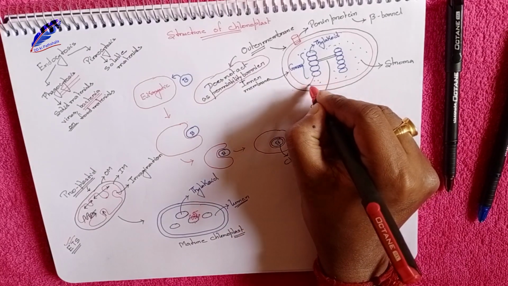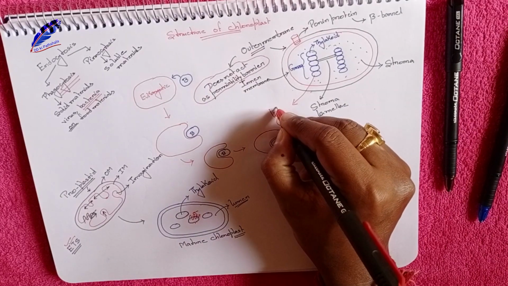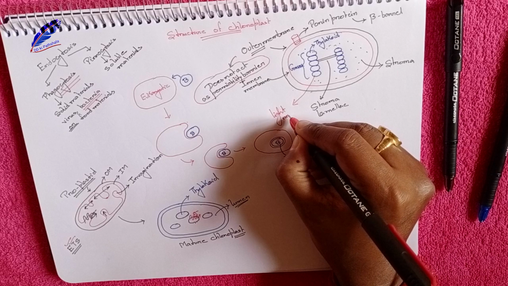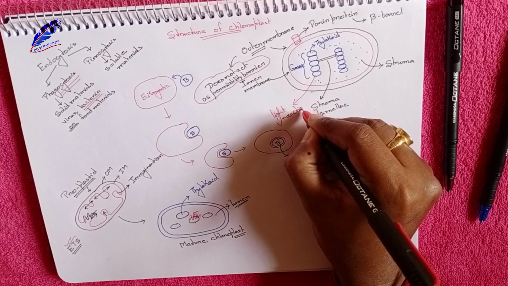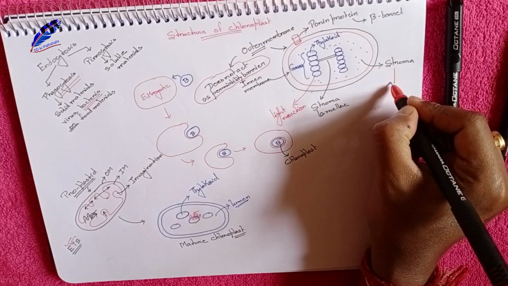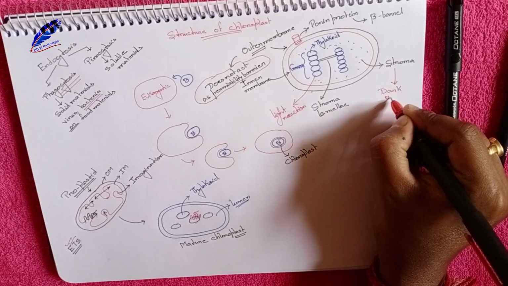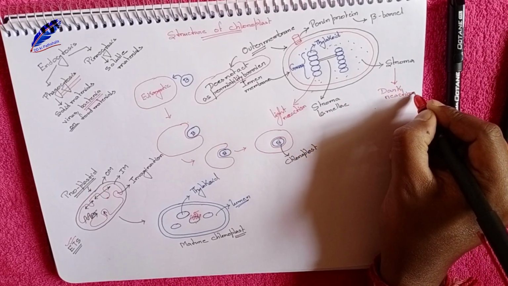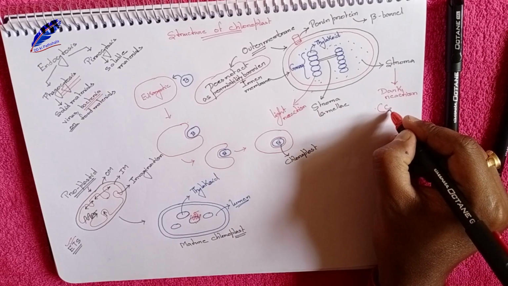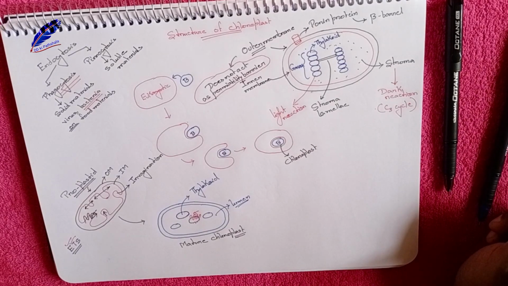Light reaction of photosynthesis takes place inside the thylakoid, and within the stroma the dark reaction of photosynthesis takes place. That is the C3 cycle. So the dark reaction takes place in the stroma and the light reaction takes place in the thylakoid.